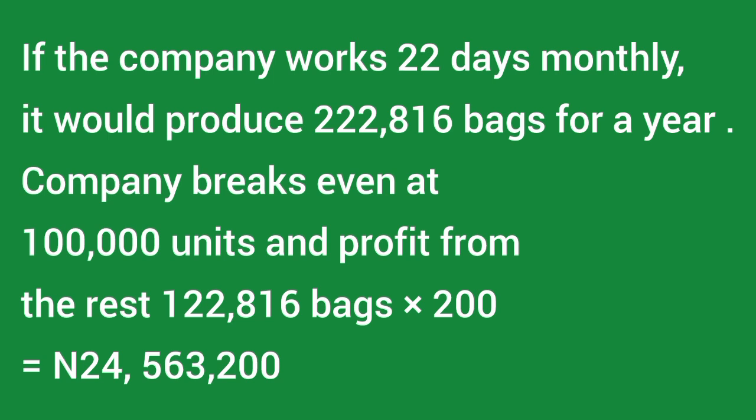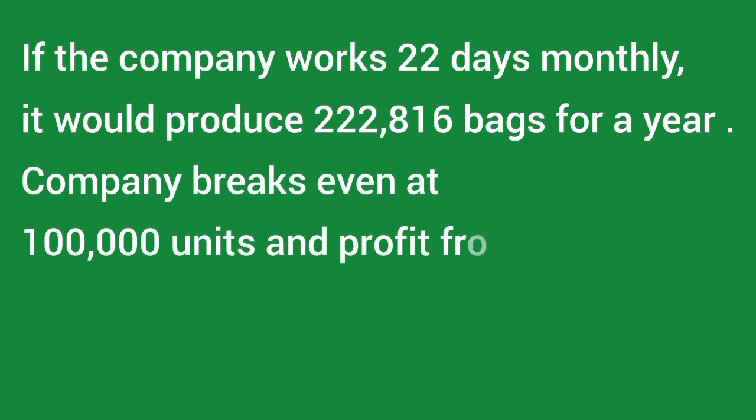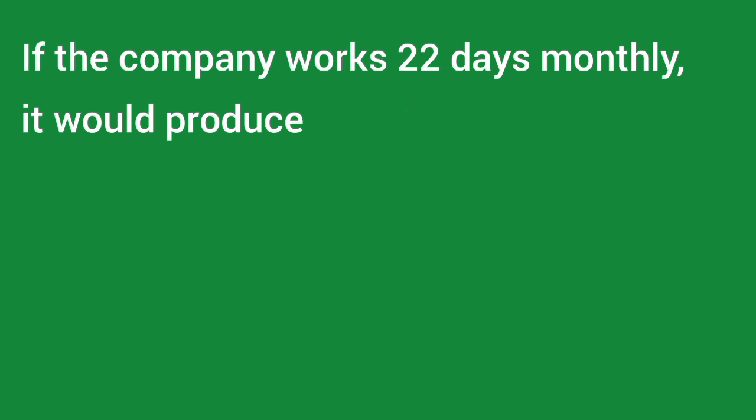So the company will be breaking even at 100 units and will also be profiting from the remaining 122,816 units multiplied by 200 naira in revenue per unit. That gives us 24,563,200 naira profit for the year.